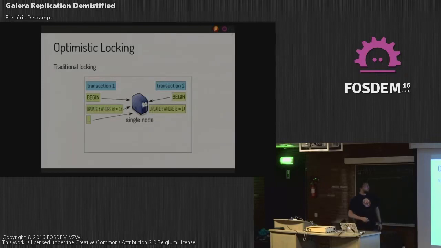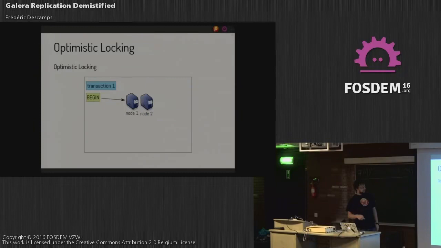Just to show you how traditional locking works. When we have multiple transactions on the same machine, we need to wait because we have a lock, right? On a cluster, a distributed system, we don't distribute the locks, or at least not yet, with the Galera version we have until now.